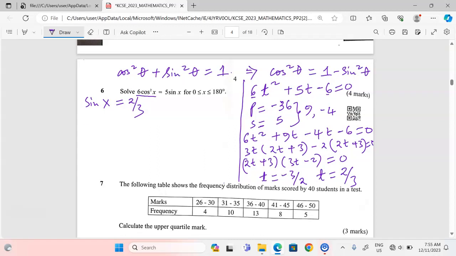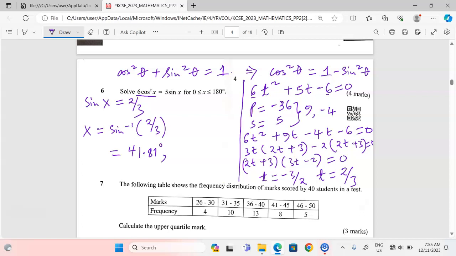This angle will be gotten by the sine inverse of 2 out of 3. When I say shift sine of 2 out of 3, I'm going to get 41.81 degrees. And because it is within 0 and 180, the same acute angle in the second quadrant will give me the same sine.